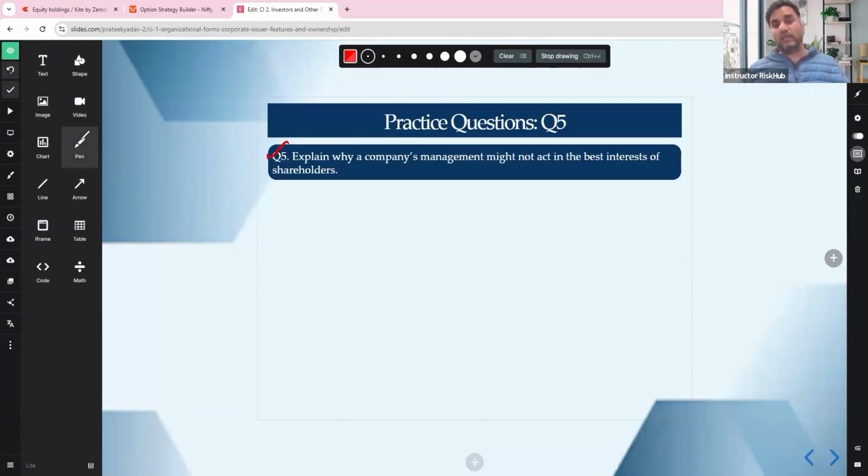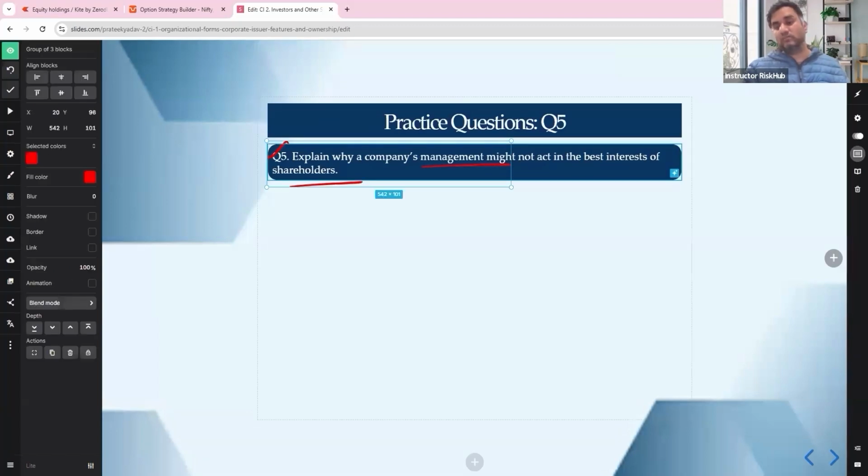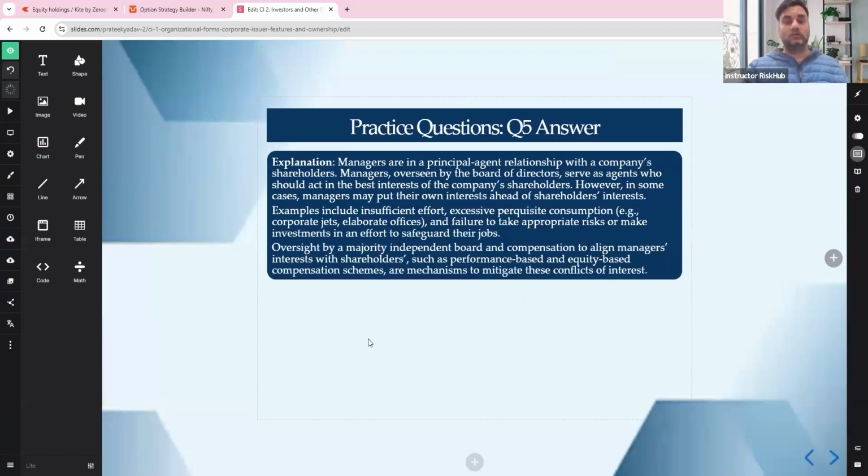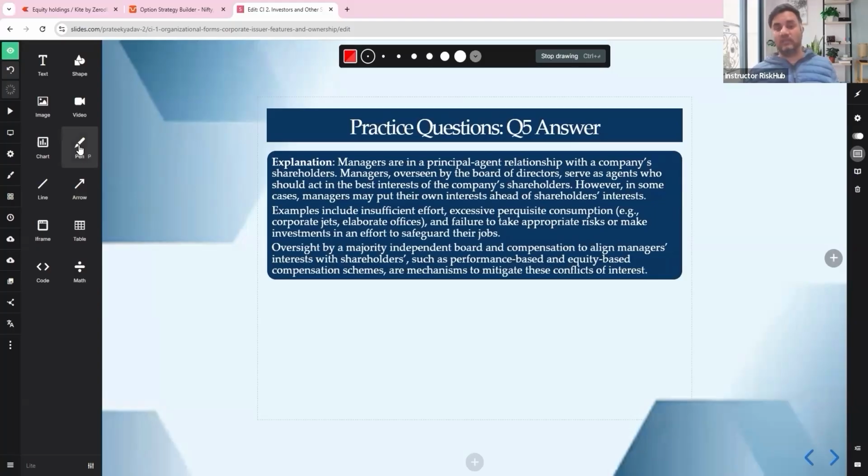Explain why a company's management might not act in the best interest of shareholders, right? Again, they are bound by certain rules and regulations which might be against the shareholders. So the idea here is managers are in a principal-agent relationship with the company's shareholders. Managers, overseen by the board of directors, serve as agents who act in the best interest of company shareholders. However, in some cases, managers may put their own interest ahead of shareholder interest.